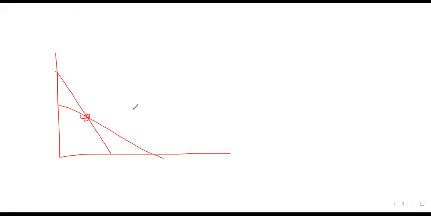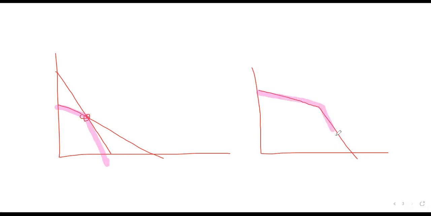So the demand curve will therefore come out something like this. When you get this line here and that line there, our demand curve will look like this. So this is our demand curve. Okay, so this is what we call the kink.